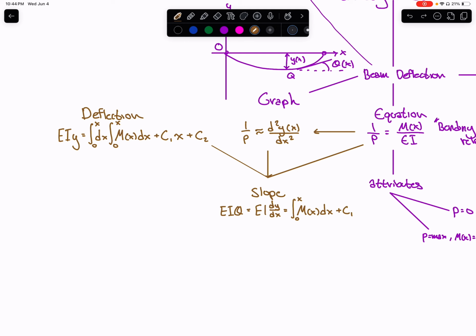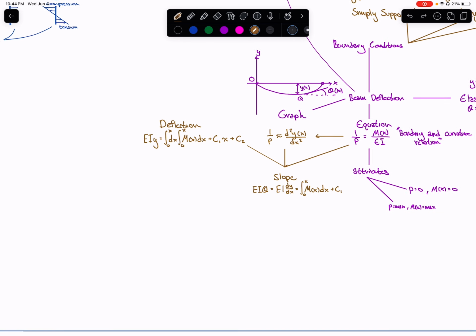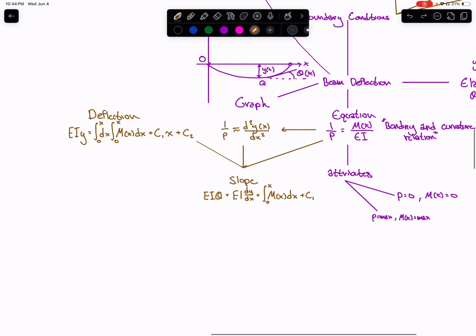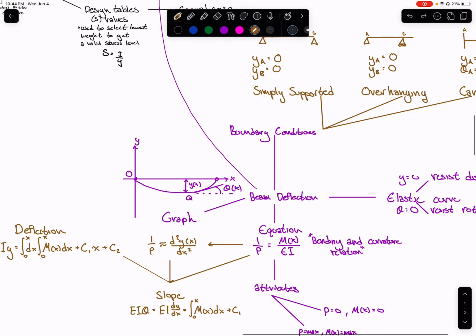Then integrating twice leads to the deflection equation. So you see that this brings up more unknowns with C1 and C2, but we can use these boundary conditions to solve the unknowns and also create an extra equation to solve the beam as a whole.